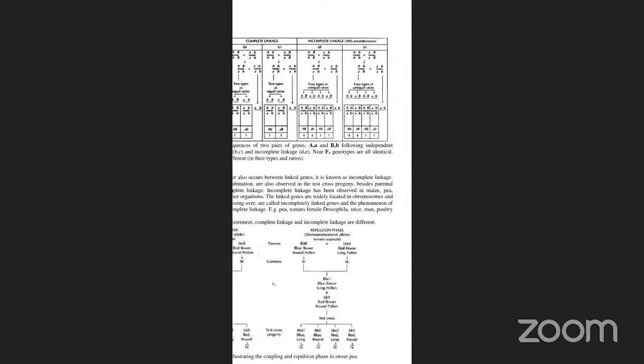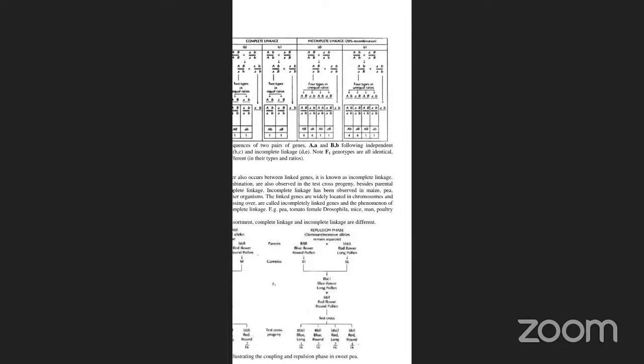Then you have incomplete linkage, where you can see 20% recombination. So here one combination is the same, till the test cross it is the same. Now here you can see capital A, capital B, small b, capital A, small b, small a, capital B, 4 combinations you got. But they are incompletely linked, so they are not in equal ratio. 1:1:1:1 you cannot find.